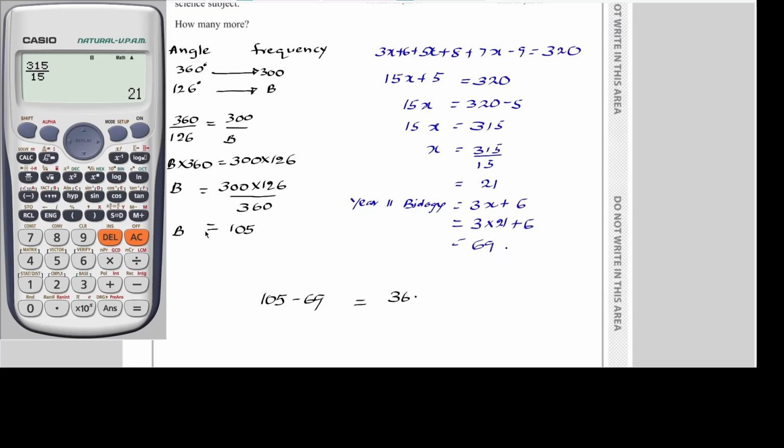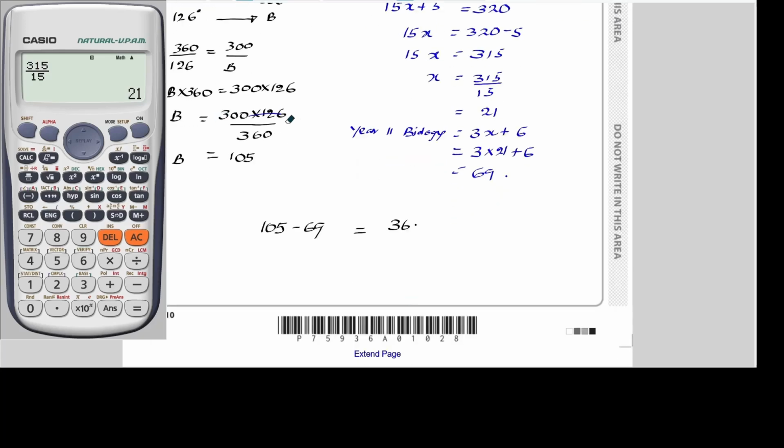Then we have year 10 biology, 105, year 11 biology, 69. When we subtract them, we have difference 36. So the answer is 36.